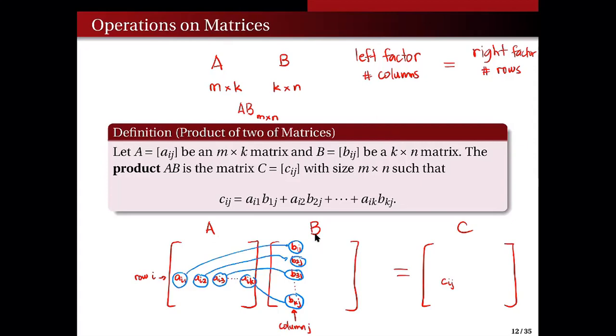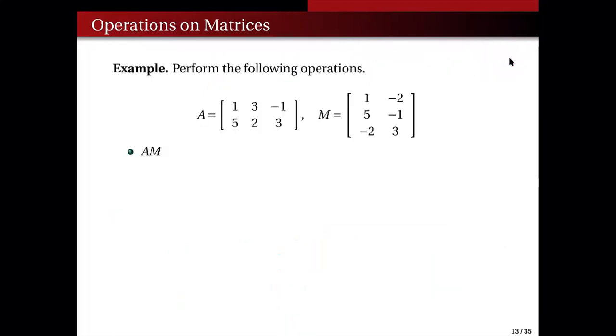Let's apply this to actual matrices here. So again, condition: the number of columns for A must be the same as the number of rows for B. The number of columns of the left factor must be the same as the number of rows of the right factor. Let's look at this.